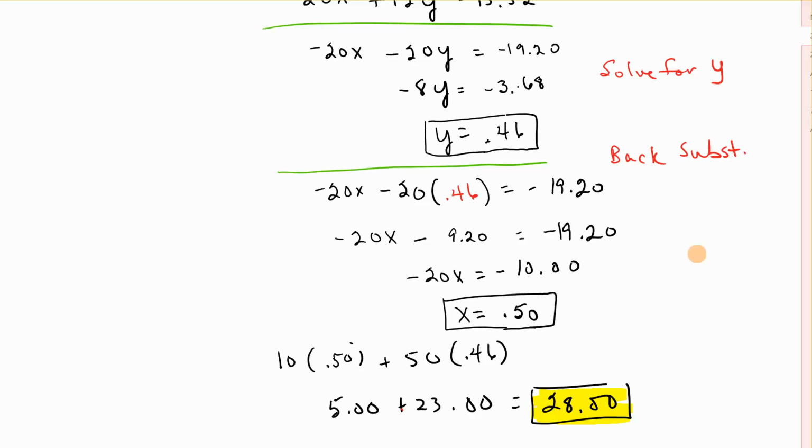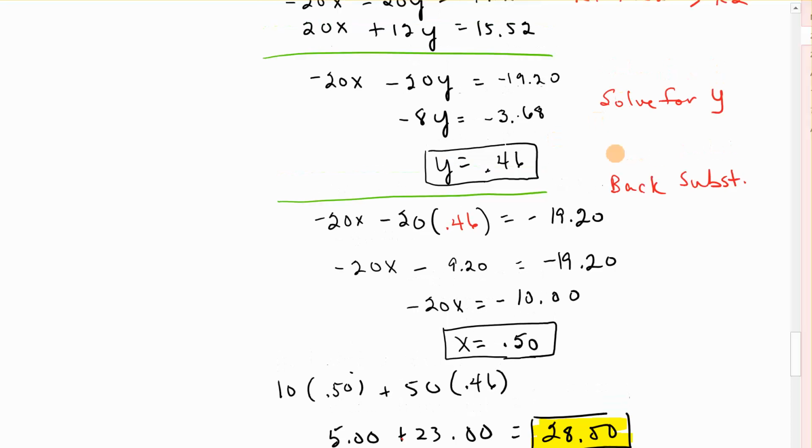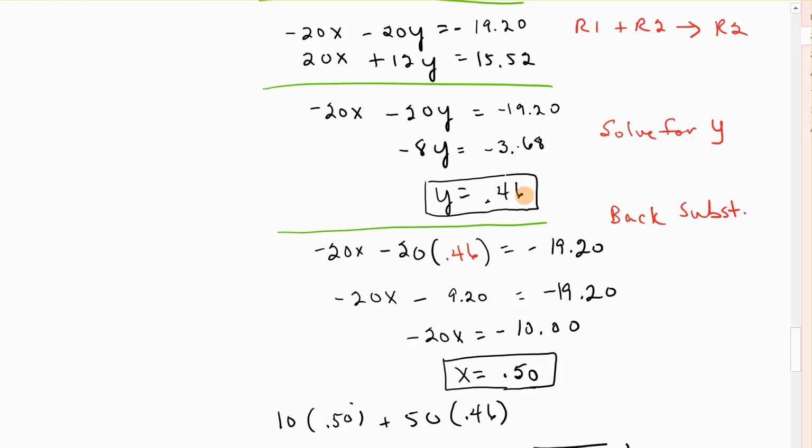So let's kind of look at this a little bit closer. When you solve down here and you get y is 0.46, and then you back substitute, and what I had done, and you have to be careful because we all make mistakes, when I substituted back in, I did not use the correct number when I copied down, and so I got the wrong answer for x.